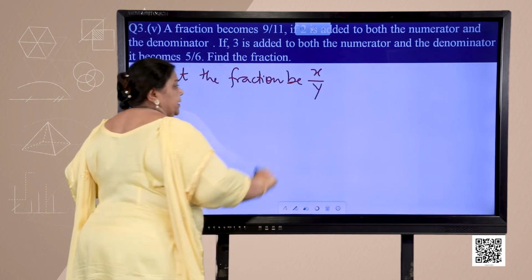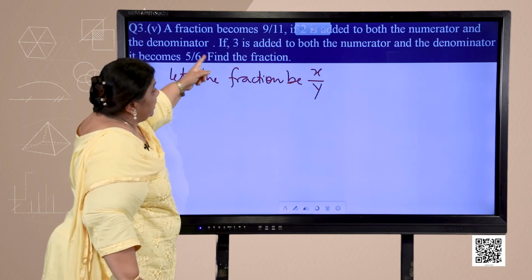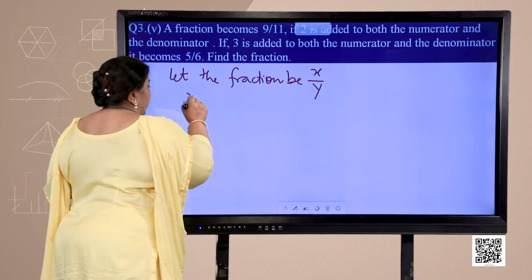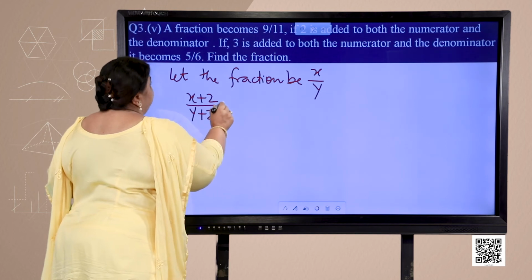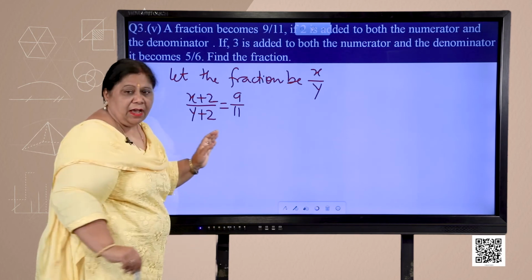That means, numerator is x and denominator is y. Condition is that 2 is added to both numerator and denominator. That means, x plus 2 upon y plus 2. Fraction becomes 9 upon 11. This is our first condition.